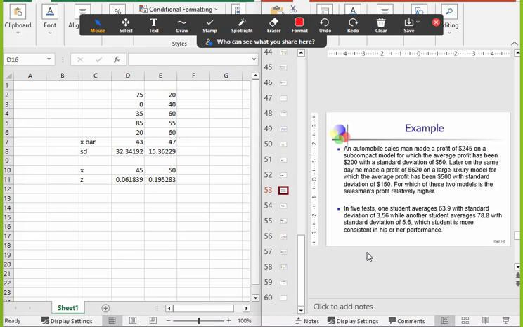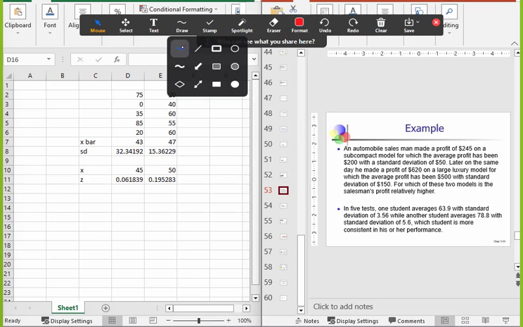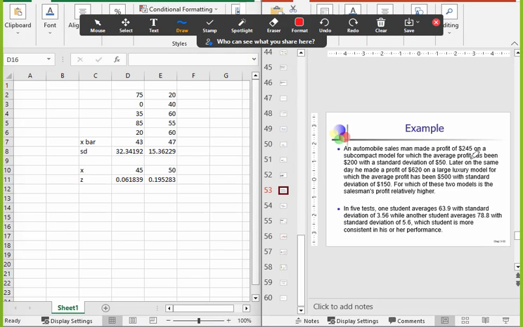So we have this example. I will give you a hint so that you can try it at home. In this example, an automobile salesman made a profit of $245 on a subcompact model. This one car, he has made this much profit. So this is the new X value, and the average profit of this car is this much.